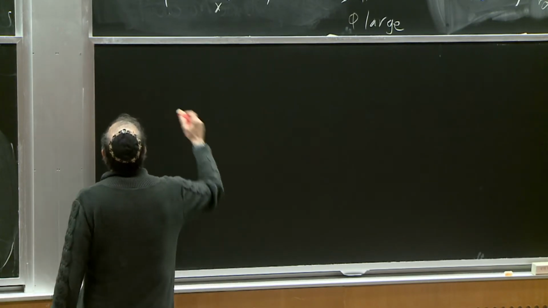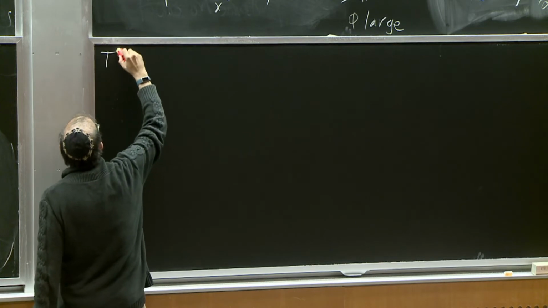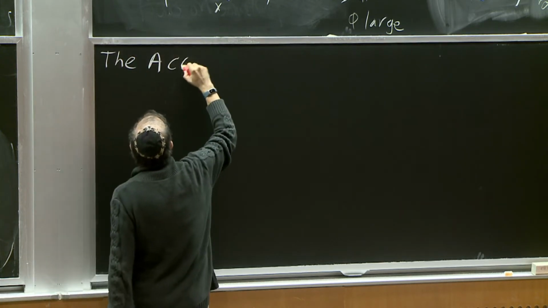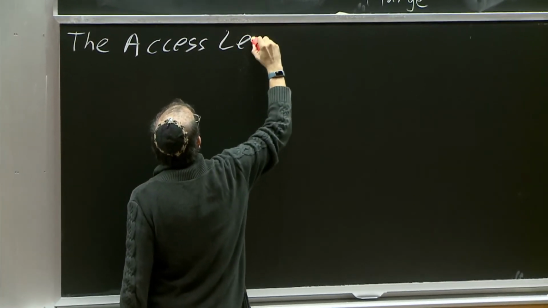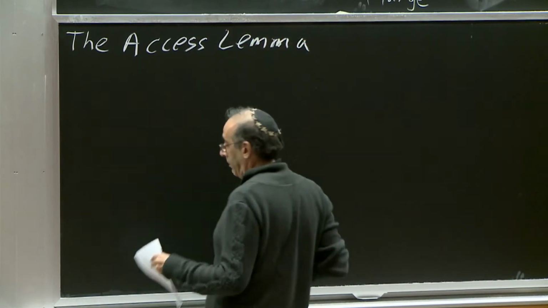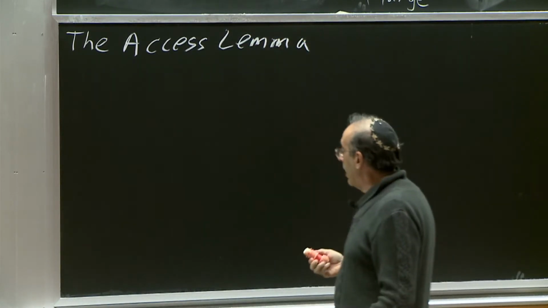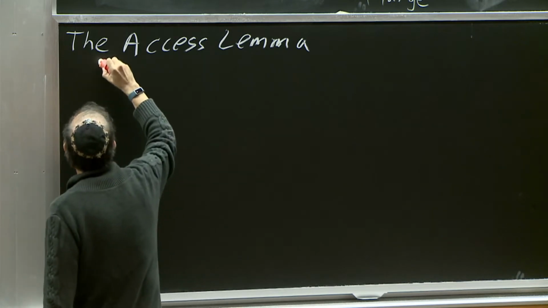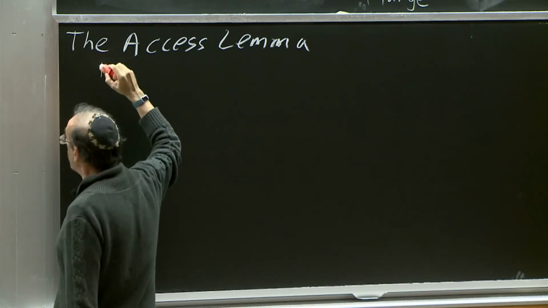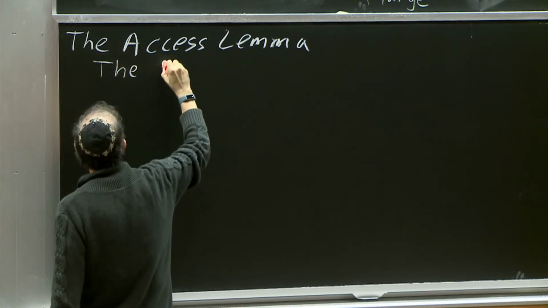Okay, so now that we have these definitions, we can prove the critical access lemma. Again, this assumes these arbitrary weights x.